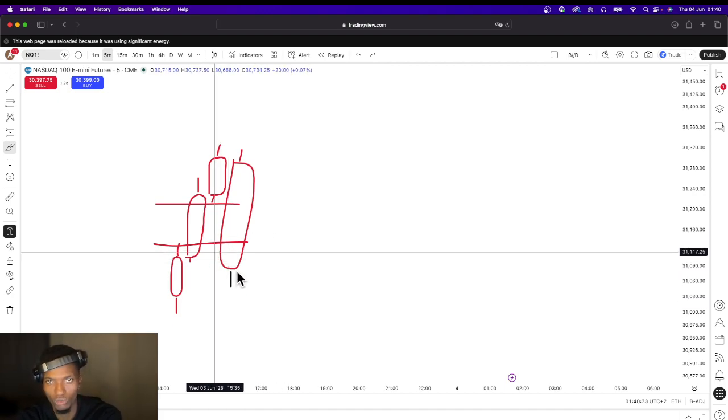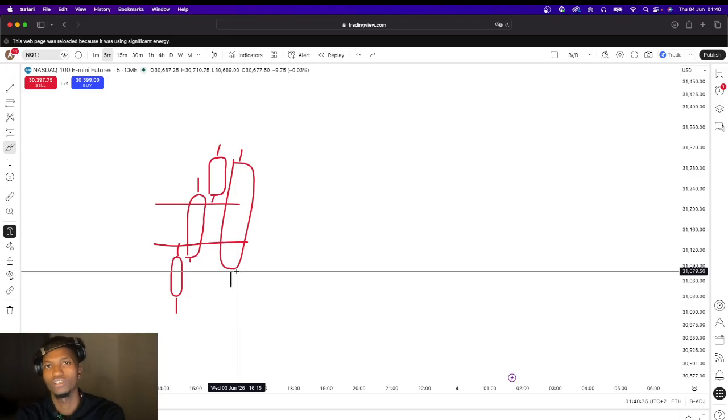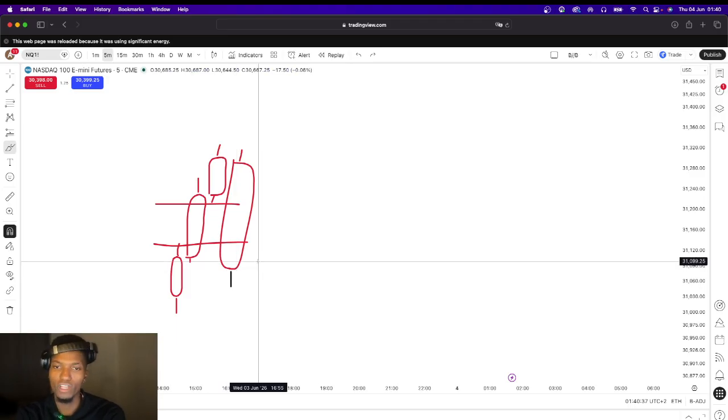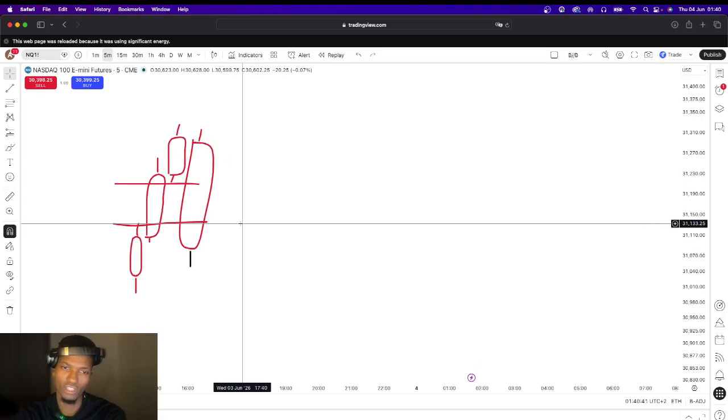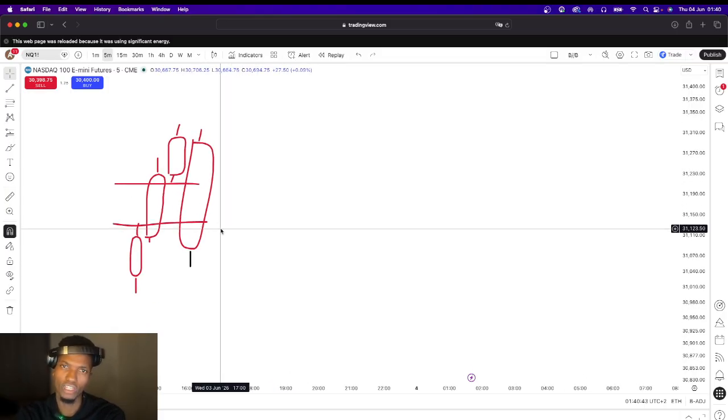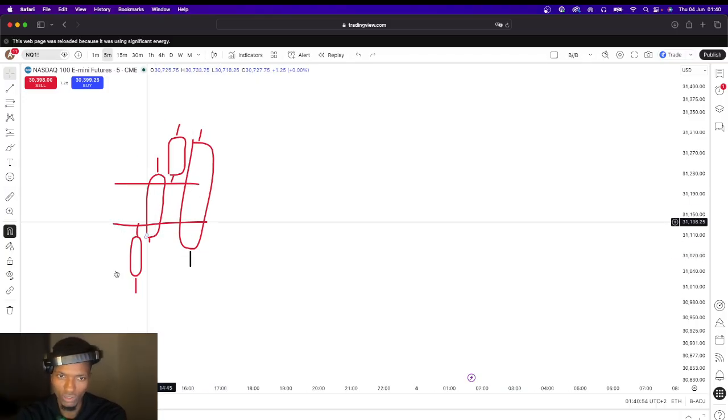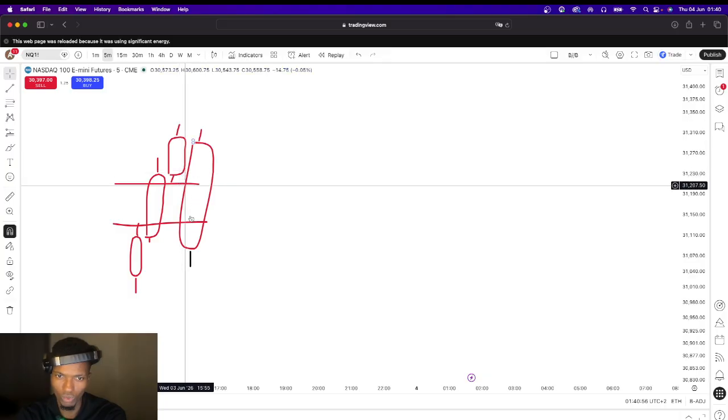So this is what we call an inverse fair value gap, which means now it is an early signal that showcases to us that we are about to change order flow, or change a trend, or move from bullish to bearish or bearish to bullish, right? In this case, this was bullish, and once we invert this, we become bearish.